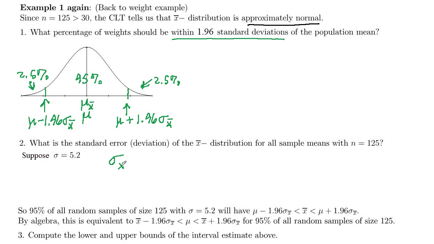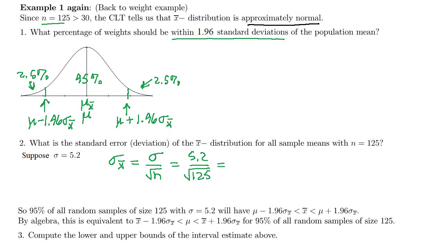Then our standard deviation of the x-bar distribution, by the central limit theorem, is sigma divided by square root of n. So that was one of our properties of the sampling distribution. And what's our sigma? It's 5.2. And our sample size is 125, so we're dividing by root 125.